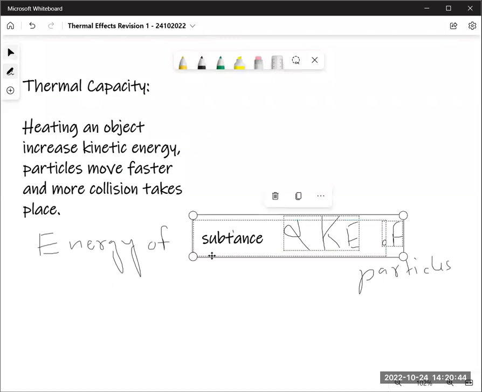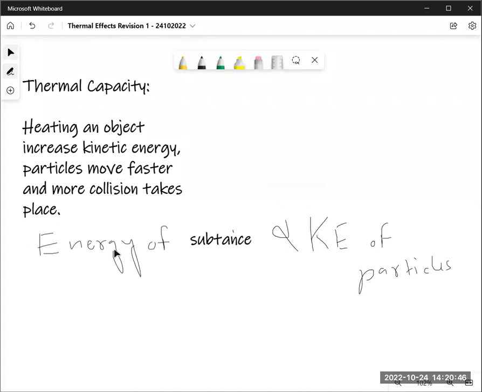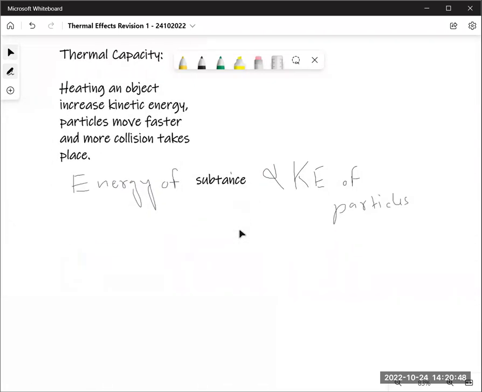So Anas, if I increase the kinetic energy, what will happen to the energy of the substance? I think it will also increase. Yeah, because it's directly proportional. Correct. So let's continue.